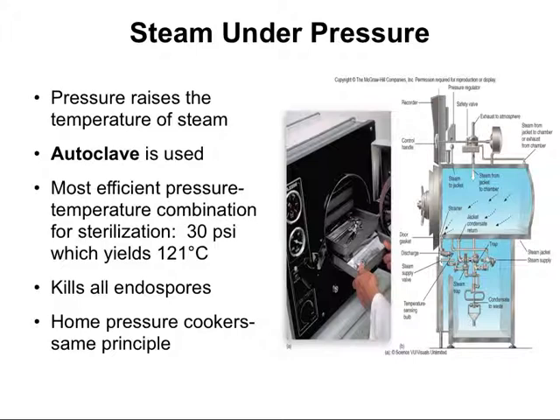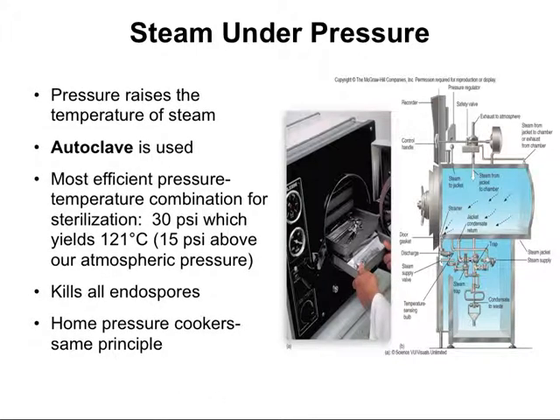The most effective temperature and pressure combination is 30 psi, which yields 121 degrees C. This is 15 psi above our normal atmospheric pressure. This combination allows us to kill all endospores. And keep in mind, it's the temperature, not the pressure, that kills the microbes. Now, home pressure cookers are built around this same principle.